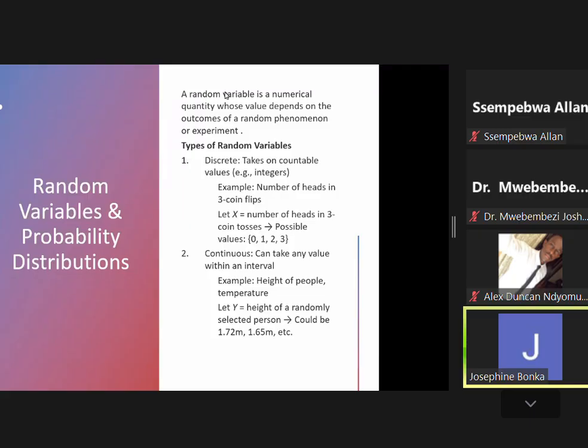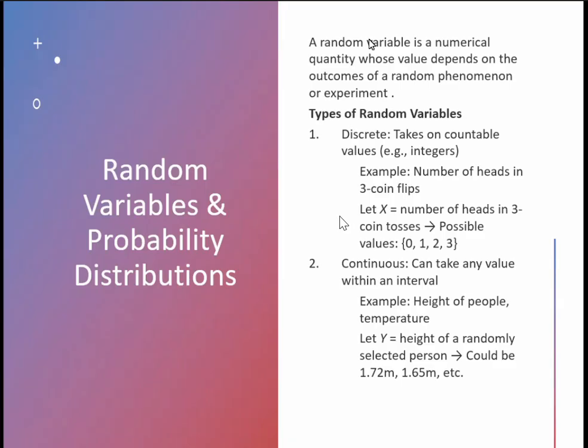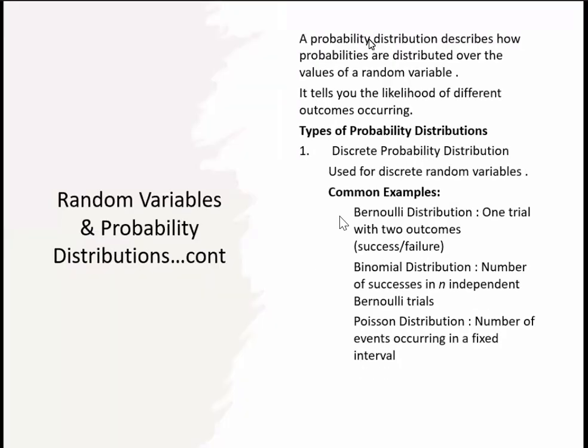Another concept that we are going to look at is what we call probability distribution. Probability distribution looks at how probabilities are distributed over values of a random variable. So you have this random variable, and you're looking at the chances of getting that value of the random variable.